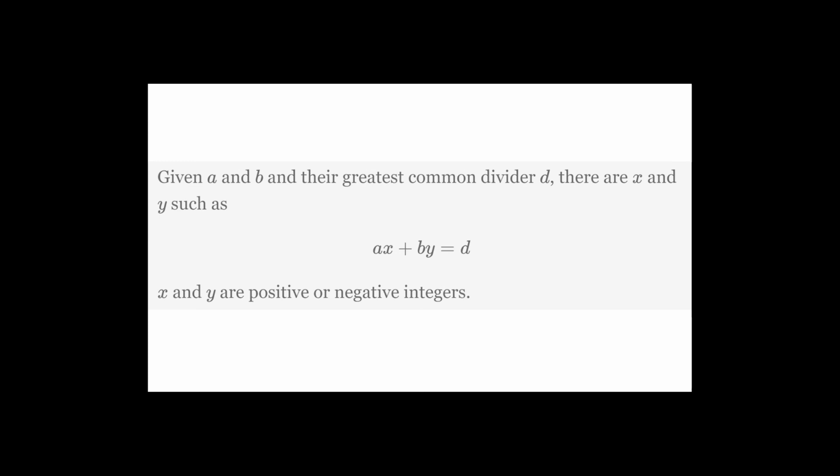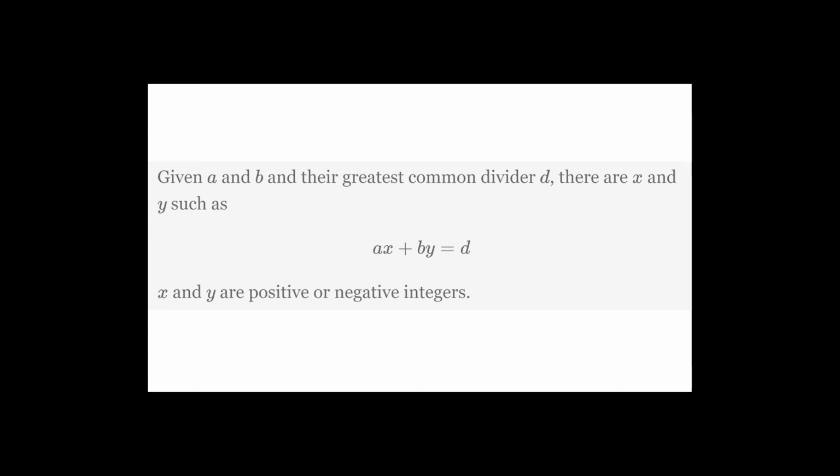And this lemma, Bezout's lemma, says that if you have two integers a and b, and you calculate their greatest common divisor, we call it d, then there are two integers x and y, but this time these integers can be either positive or negative or even 0, such that a times x plus b times y is equal to d.